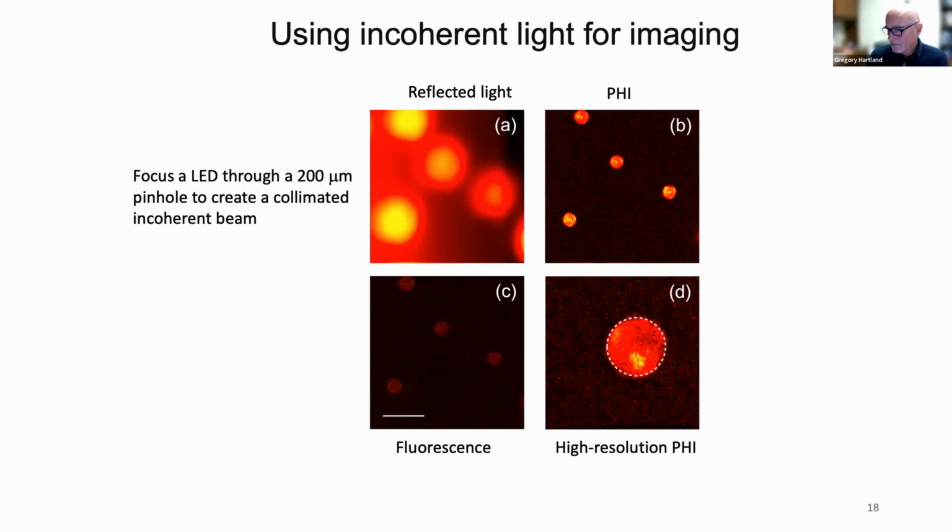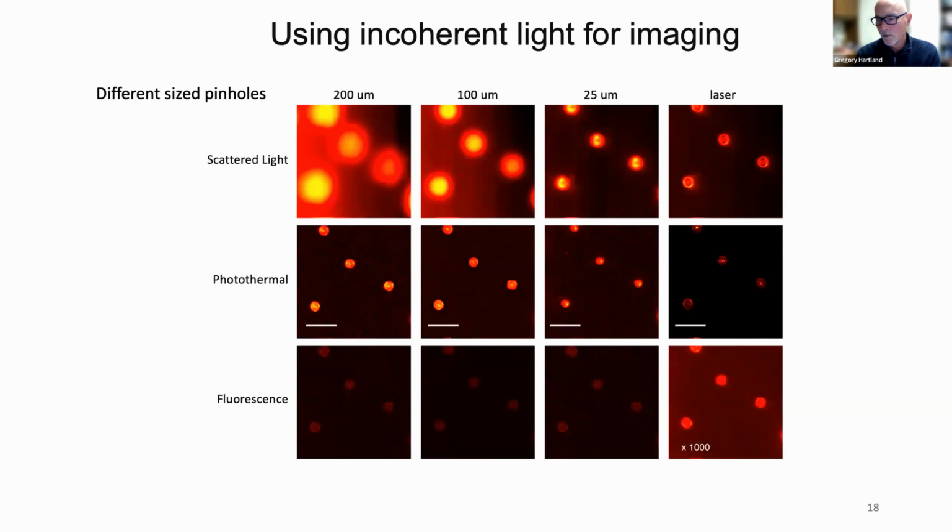For curiosity, we'd like to try to do this for nanoparticles, but we haven't been able to get that to work. Maybe it's not a surprise that you can do this with 6 micron objects, but if we did this for a small nanoparticle, where you use an incoherent light source as the probe in the experiment, that would be more interesting. But that hasn't worked yet in our hands.